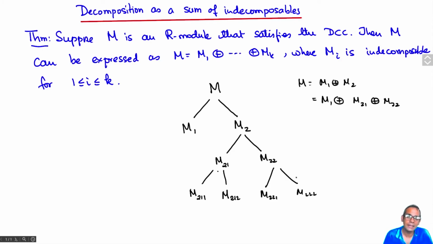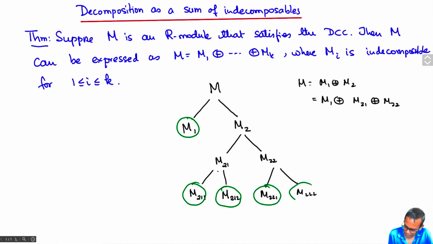We'll see that the descending chain condition will ensure that this process stops after finitely many steps. Now at each step there are certain modules which are not branched yet. So either they are indecomposable or at the next step they'll get branched. So these ones circled in green are called the leaves of the binary tree at that stage.